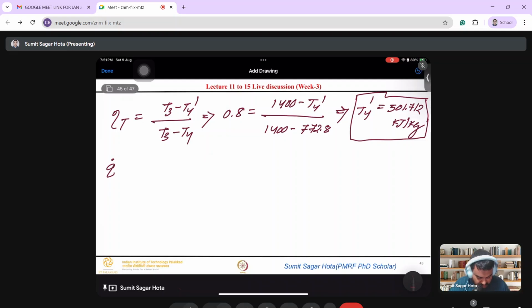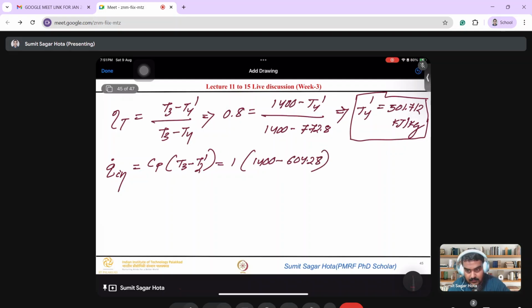So Q dot in is your Cp into (T3 minus T2 dash), 1 into (1400 minus 604.28), which is equal to 795.72 kilojoule per kg. Okay, Q dot in you have.